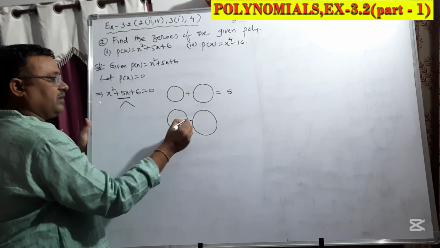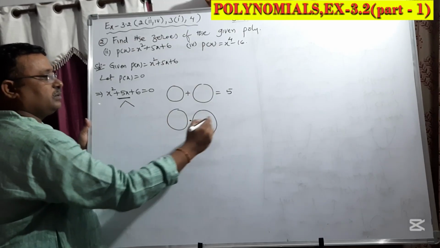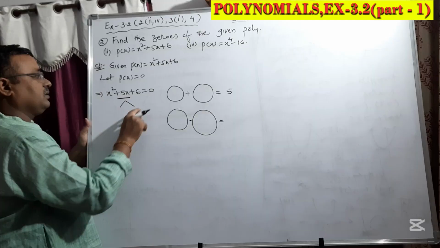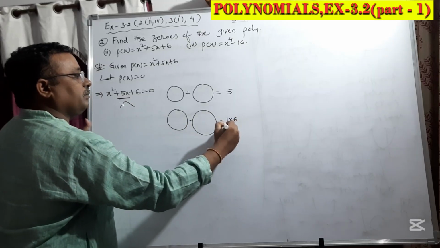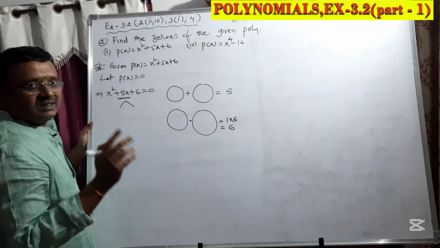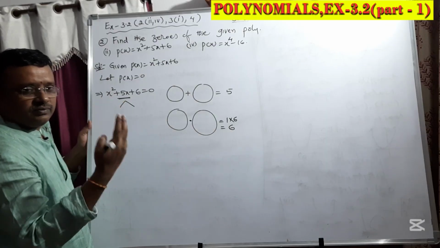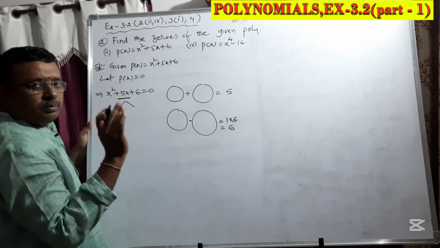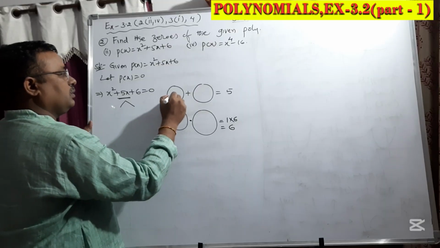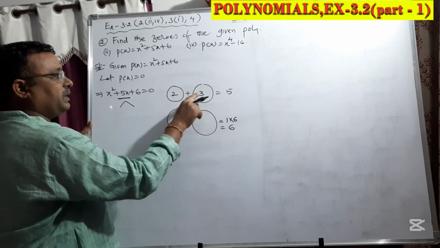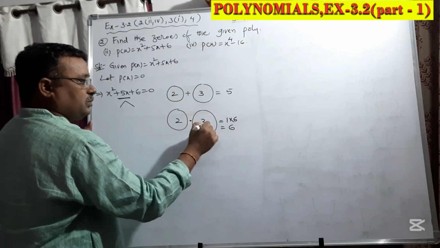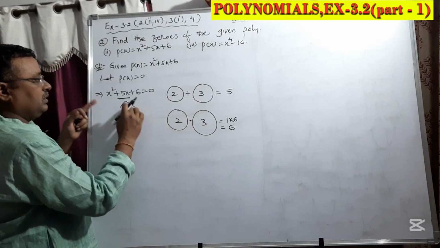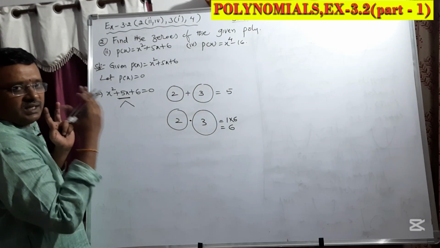The product of those same two numbers should be equal to the product of the extreme coefficients, 1 into 6, which is 6. Such two new values we have to find. According to the possibility, you have to practice for them. So 2 and 3: 2 plus 3 is 5, and 2 into 3 is 6. With the help of these two new numbers, you can split the middle term to factorize.